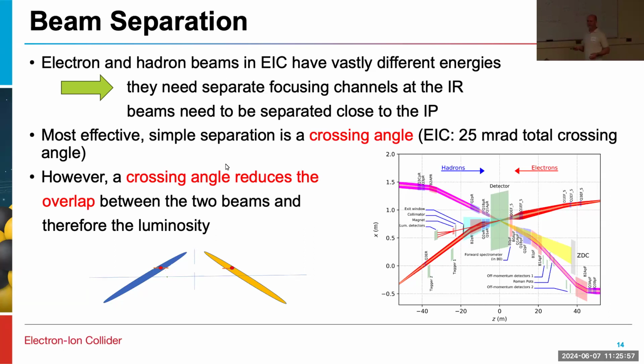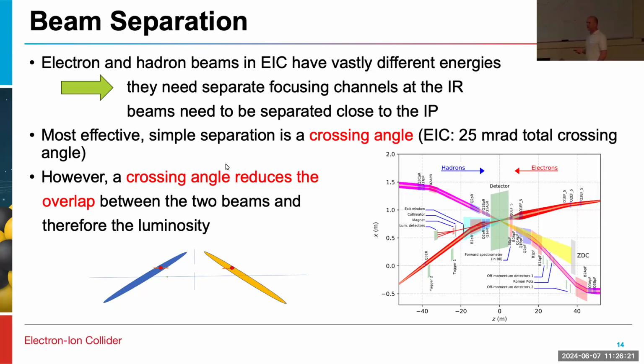They get a little bit of focusing, but it's a factor of 25, right? So nothing really happens there. You can't benefit from that practically. On the other hand, if you send the electrons to the proton focusing channel, they get overfocused and they get lost. So you have to separate your beams close to the IP into their respective focusing channels.